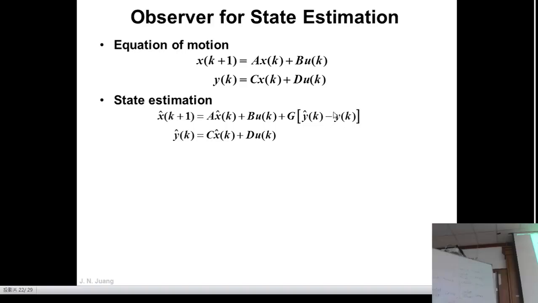Without hat means that it's from your measurement. With hat, the y hat is computed by C x hat plus D uk. U is also from measurement. A, B, C, D are given. G is what you compute, you choose it. All right. Now I'll stop here, let you think about it for 10 minutes.